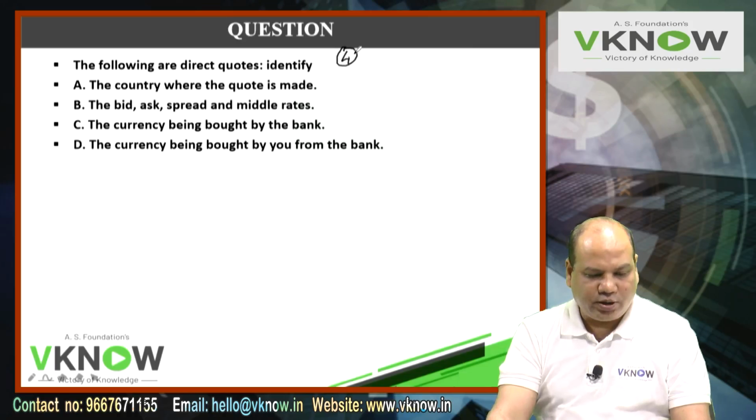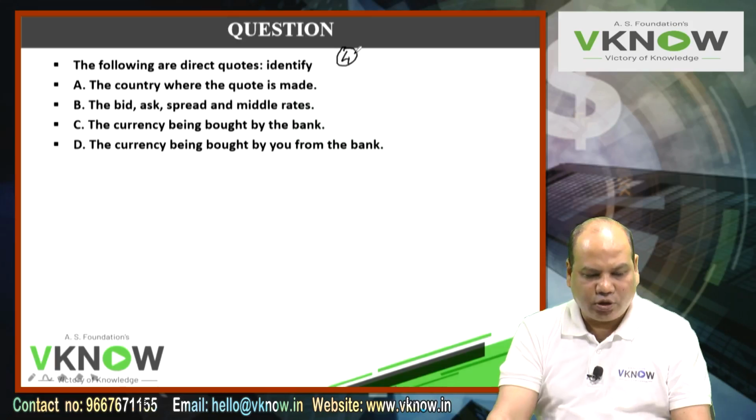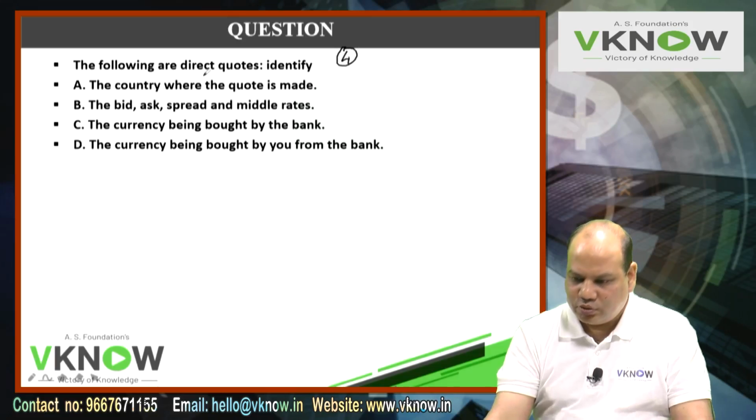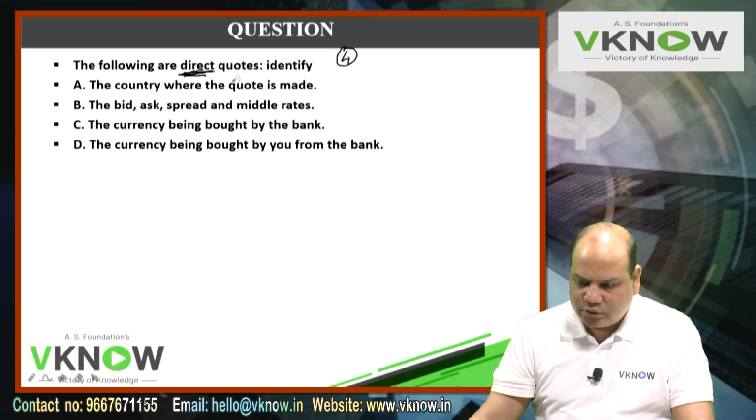This question has been designed not for exam, only for understanding. Question says the following are the direct quotes. Good. So one thing they have done easy for us. Following are direct quotes. Identify the country where the quote is made.